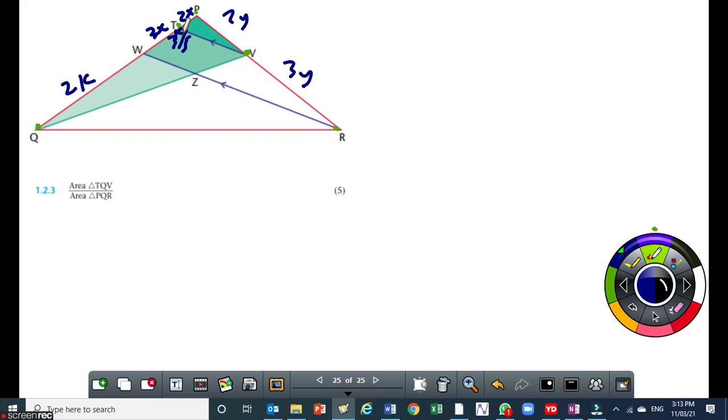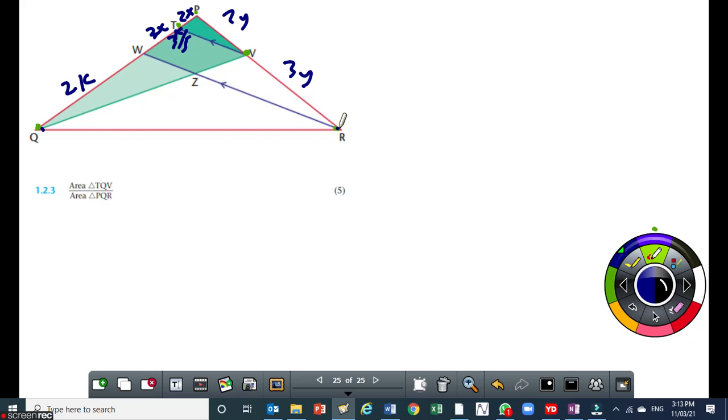Now those two triangles, I'm sure you can see that we have got TQB and PQR. They share a common vertex, but do they have a common height?